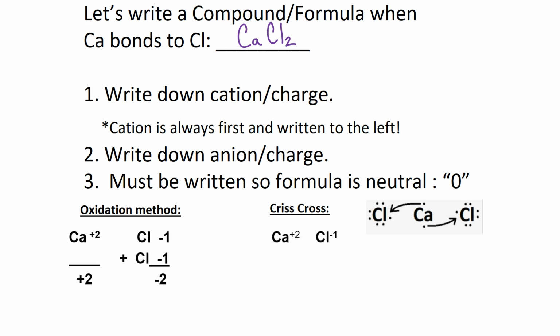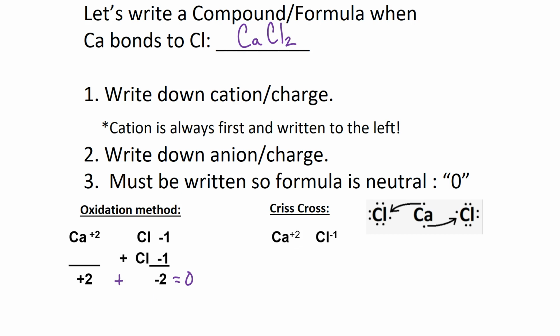Looking at it in terms of oxidation numbers, when I look up calcium, calcium has a +2 charge. When I look up chlorine, chlorine has a -1 charge. So if I have a +2 and a -1, it's going to take two -1s to cancel a +2, because +2 and -2 are going to cancel each other out.